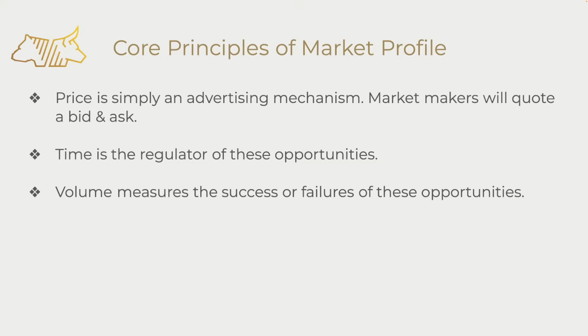The second point is that time is the regulator of these opportunities to transact at a given price. And the third idea is going to be that volume is the measurement of the success or failure of these opportunities. So a price being advertised at a certain time represents an opportunity.